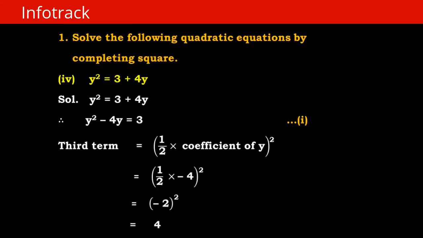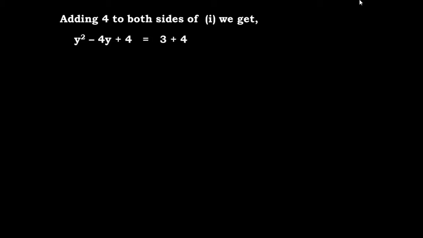So adding 4 to both the sides of 1, we get y square minus 4y plus 4 is equal to 3 plus 4. So 3 plus 4 will become 7, and y square minus 4y plus 4 is the square of y minus 2 the whole square.